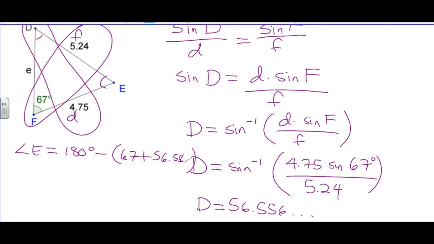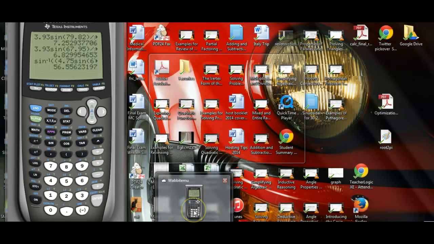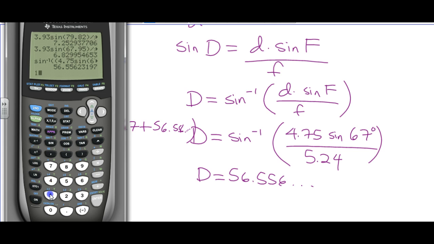So if I want to work out angle E, I'm going to go down here, pull this up, go 180 minus, bracket, 67 plus second function answer. Close bracket. Enter.